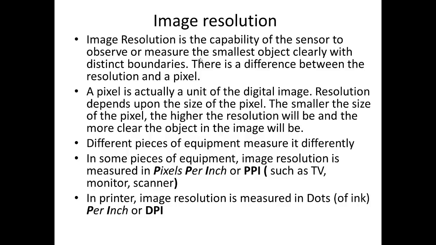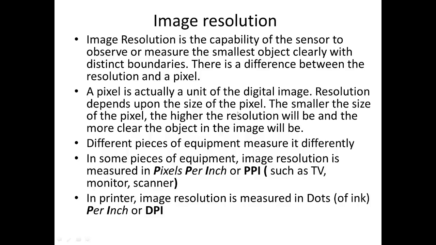For example, for TV monitors and scanners, we generally use pixels per inch, or PPI, to represent the resolution. That means how many pixels in 1 inch. But in printing, we generally use dots per inch, or DPI, to measure image resolution.